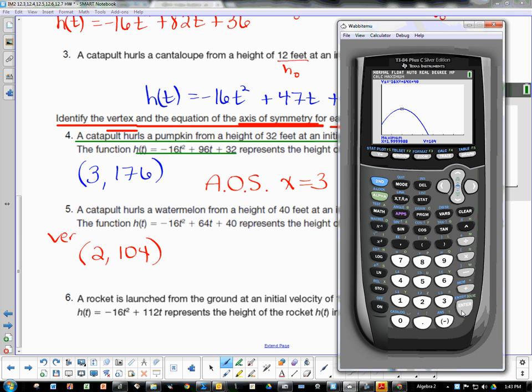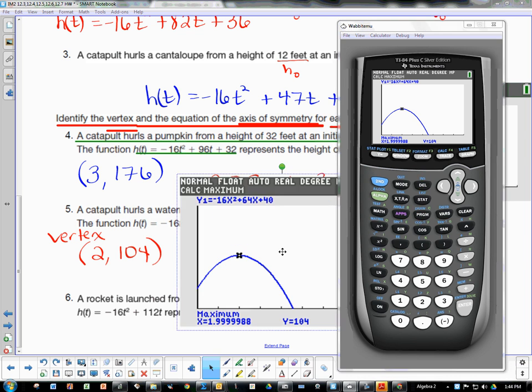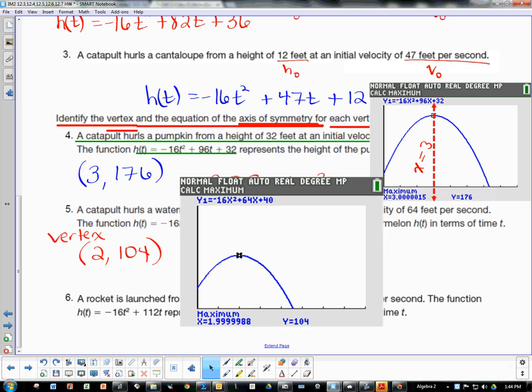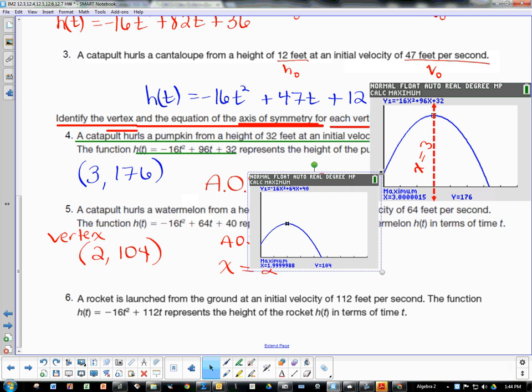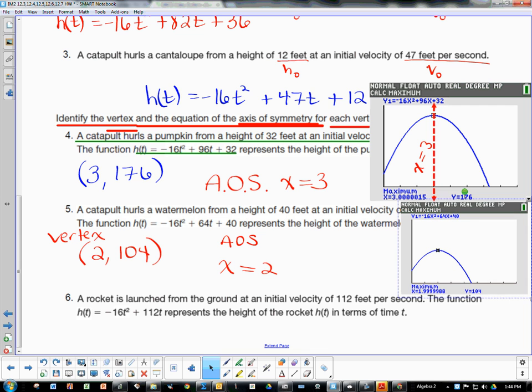So once again, that is my vertex. Now they're asking for the axis of symmetry. That's going to be x is equal to, well, it's always x is equal to this coordinate here, so that's going to be 2. There's my axis of symmetry. Just so that you can see it here and it makes visual sense, it's going to be this line passing down through the vertex.